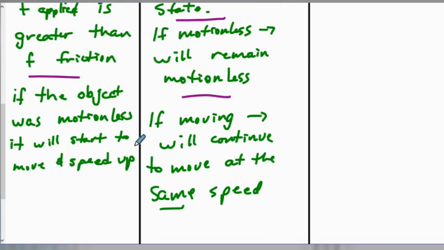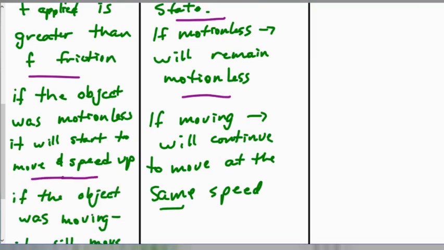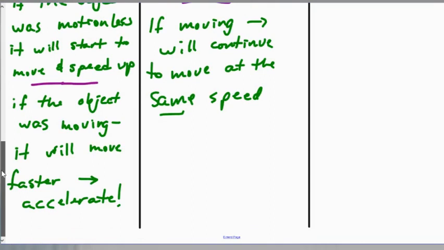And it's going to get faster and faster and faster as long as we still have that imbalance of the frictional force and the applied force. So if the frictional force remains at 15 and the applied force is at 18 and our net force is a positive 3, this object will get faster and faster and faster. And lastly, if the object was moving, it will continue to move, and like we said before, it will get faster and faster and faster. Once again, that is acceleration.